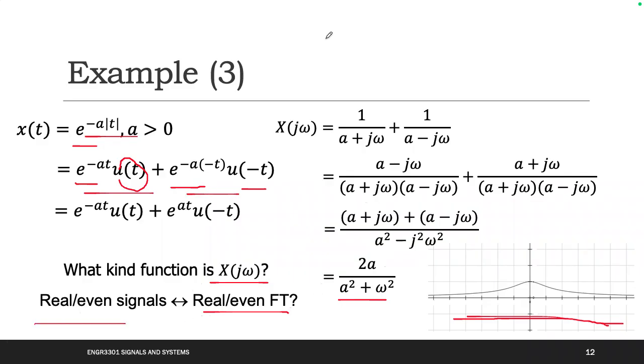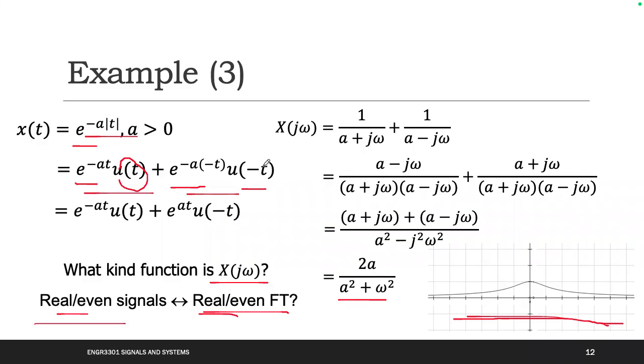So for the FT coefficient, does it have the same conclusion? What do you think? We know for the FS series, we have the symmetric property. If your FS coefficient is real and even, your signal is real and even.